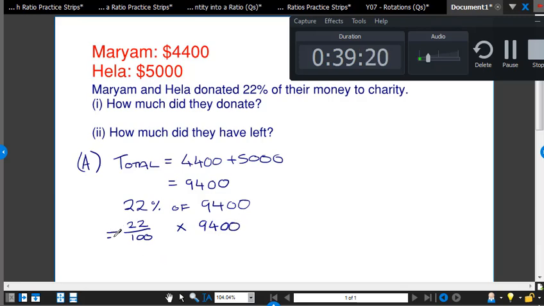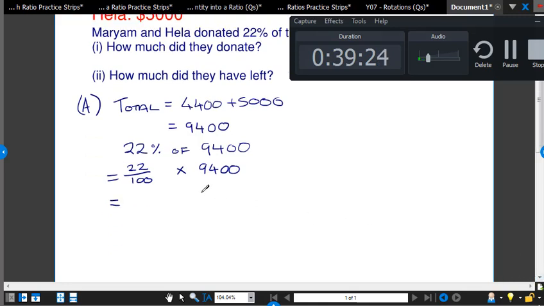So you can use your calculator if you want. If you don't want it, you can just cancel the zeros. So you might know 2 times 94. You can do this with your calculator, or you can multiply it out, right? You don't have to do it in your head. Anyway, I don't have a calculator with me right now. So 2 times 94 is 188.